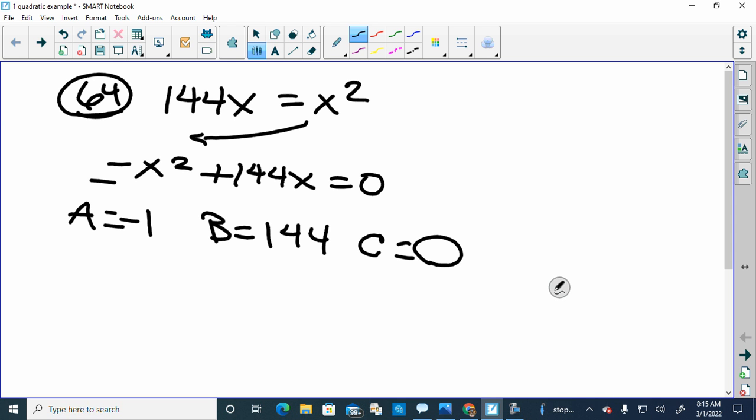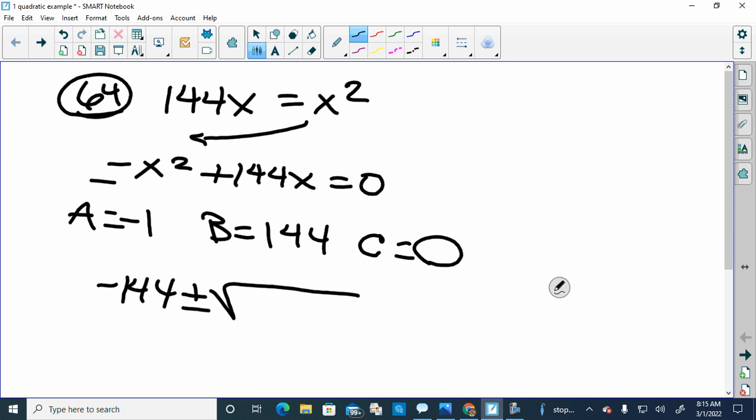Now plugging it in, I'm going to put in a negative what? What do I put in first? -144, because it's a negative B, and it's positive, so it'll change it to a negative because the equation is negative. Then plus or minus.